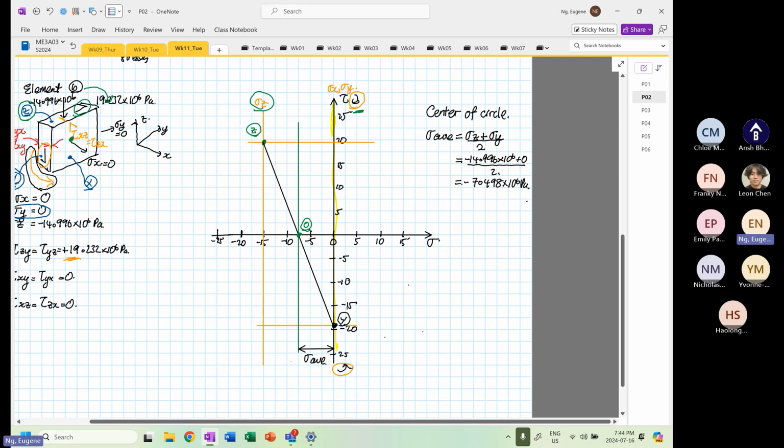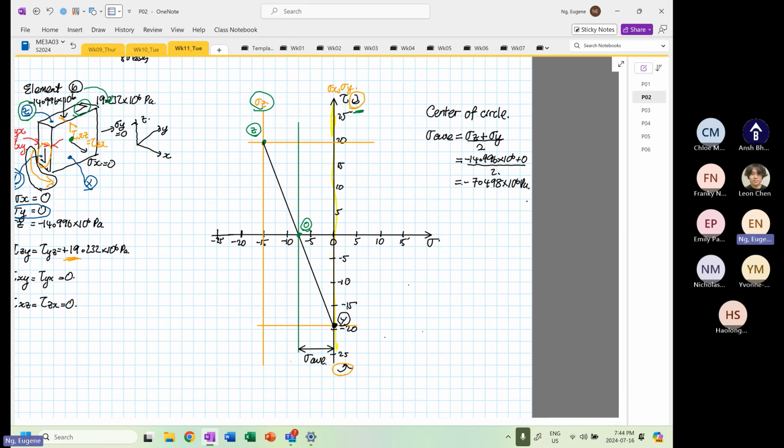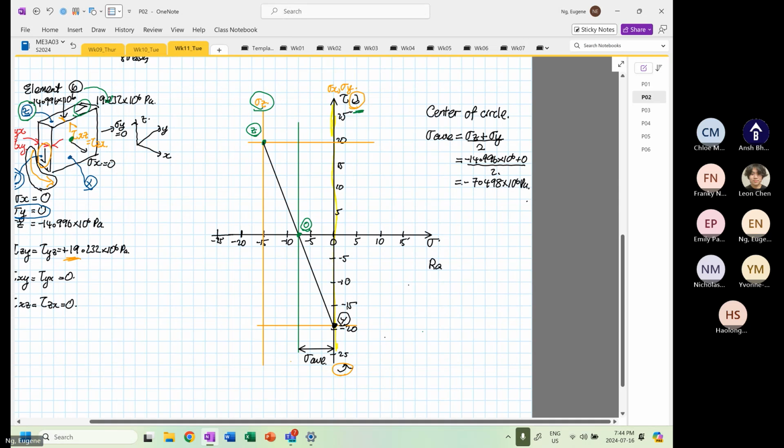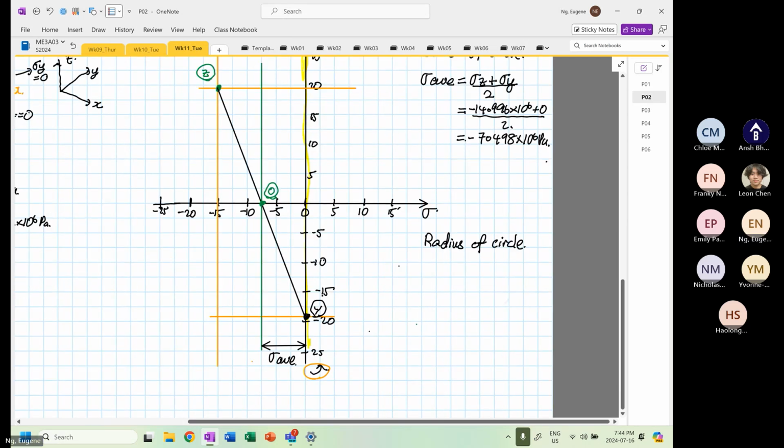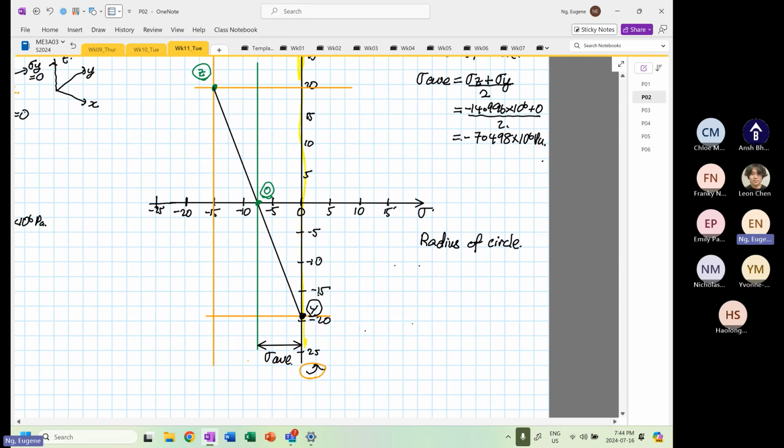The next thing that we can calculate is the radius of the circle. The radius of the circle is also known as our tau max. You don't see that yet, I will show you shortly.